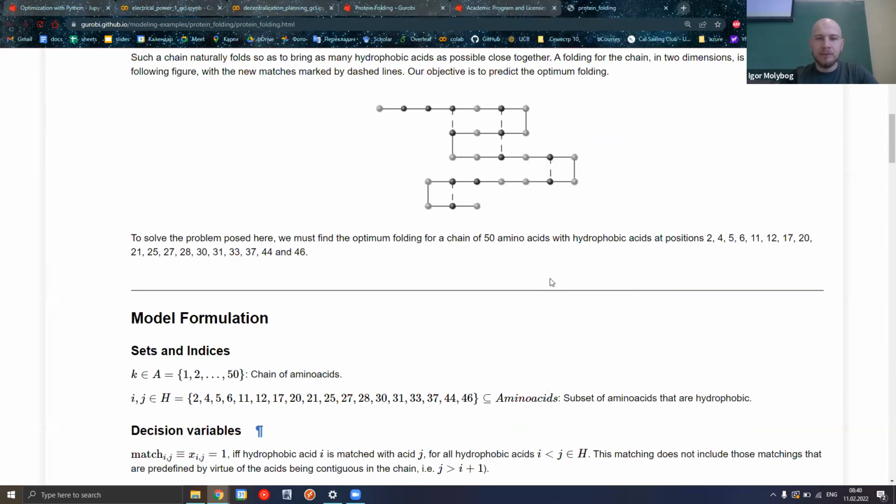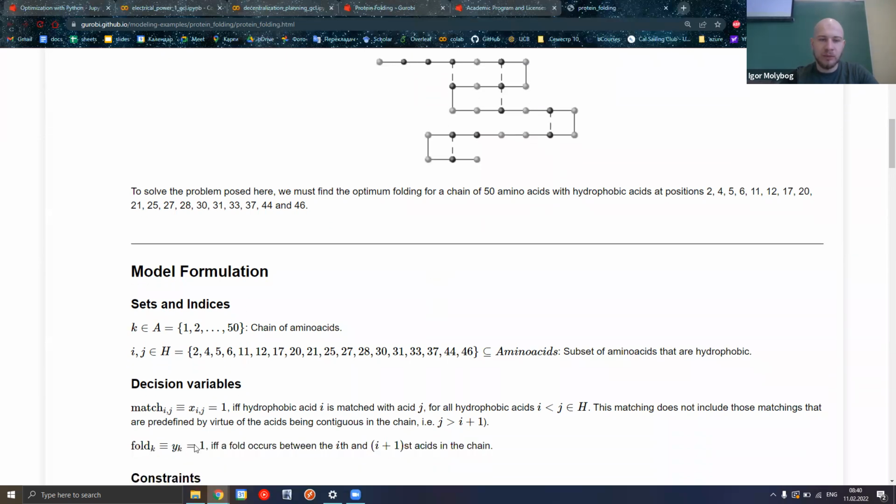So basically, this is the first, the second, third, fourth, fifth, sixth, seventh. If our fold has happened between the 7th and the 8th acids, then our fold 7 should be equal to 1. Otherwise, it should be equal to 0.